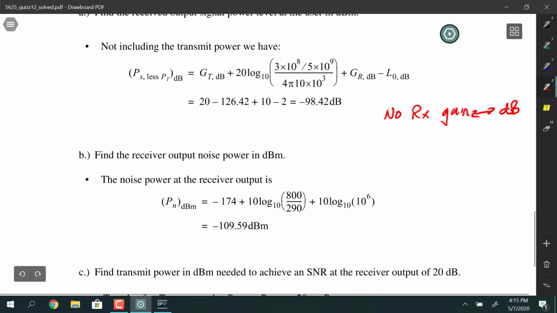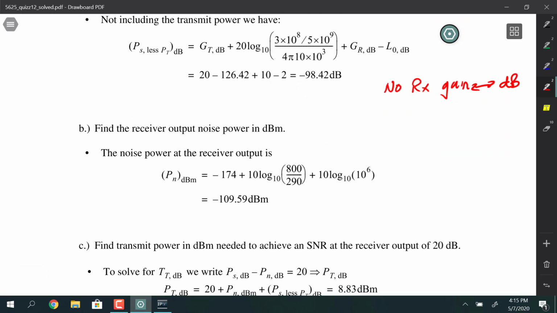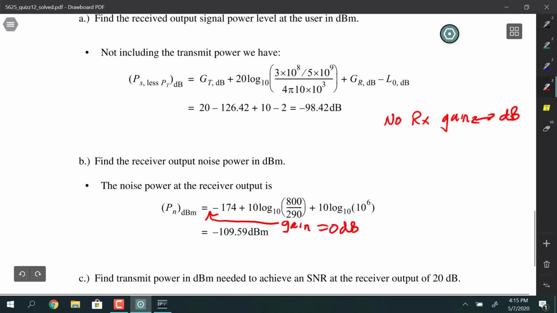The gain term is equal to 0 dB. The only gain term we have in the receiver is the gain of the antenna. So you can still work the problem, you just think of it as being 0 dB.